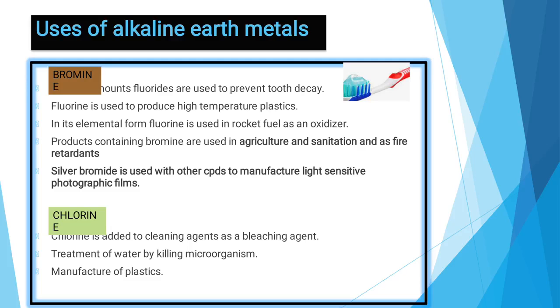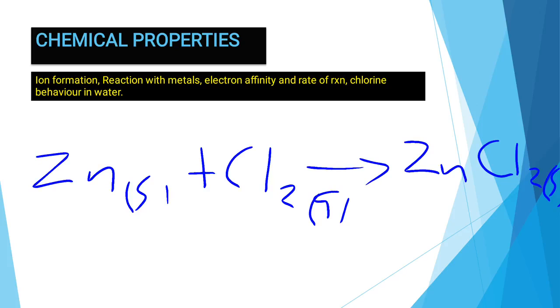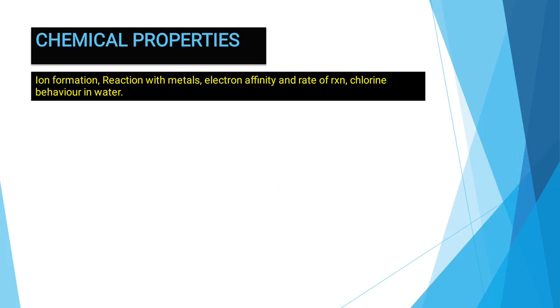It is actually added in cleaning agents as a bleaching agent. Remember, when we speak about the cleaning action of chlorine, we say that when we are looking at the chemical properties, if you take chlorine in aqueous state in water, it gives us chloric 1 acid.